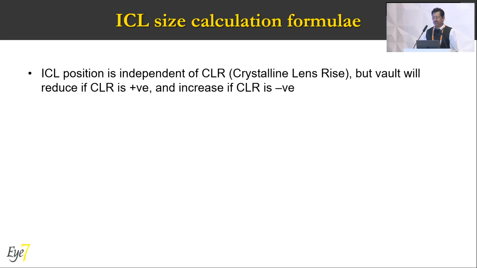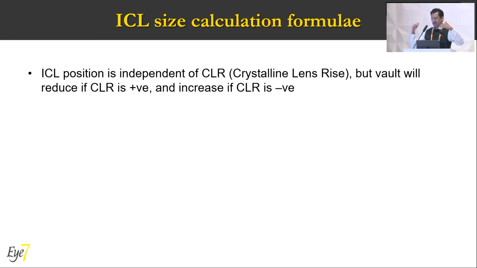So ICL position is independent of crystalline lens rise. A very important statement. That means the ICL is going to come in the sulcus. It is going to take its own curve or vault. It has got nothing to do with the crystalline lens. Crystalline lens is just lying below.